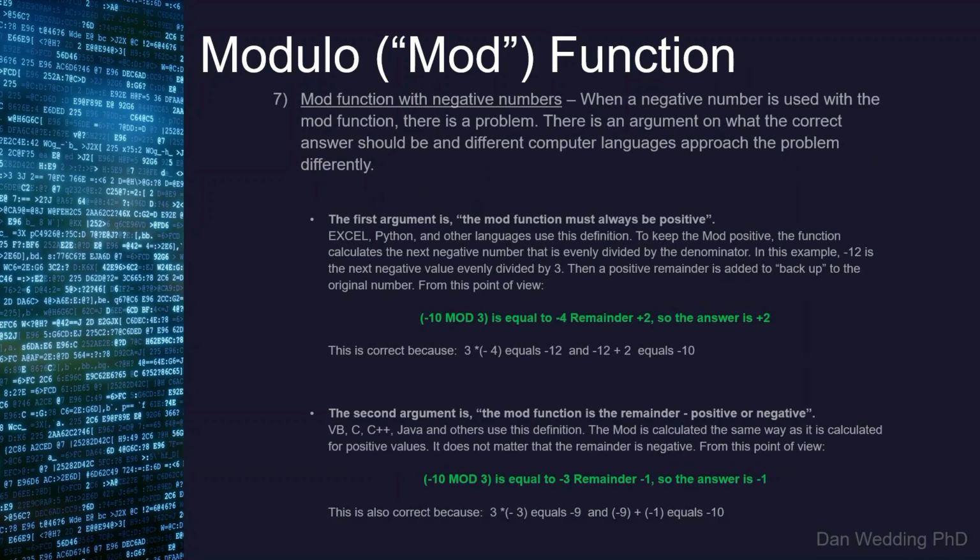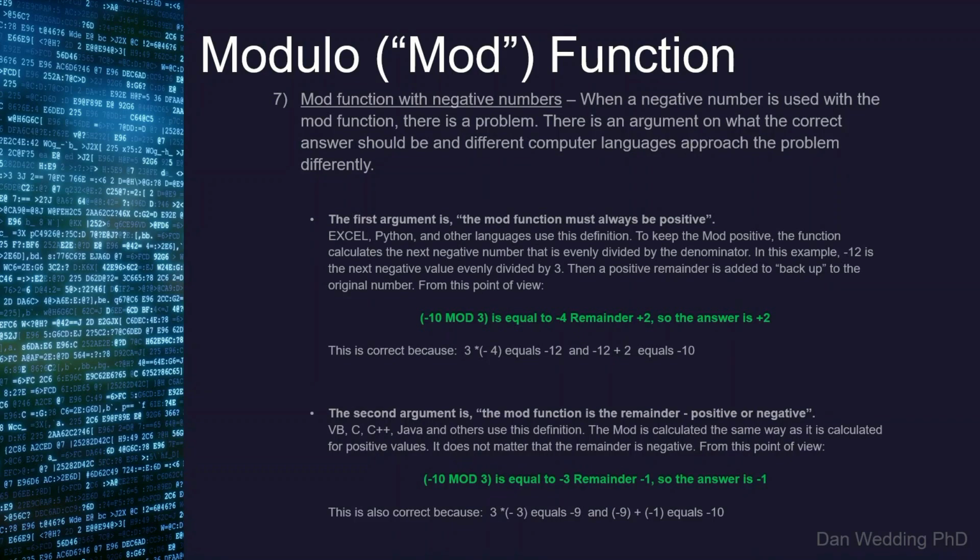When a negative number is used with the mod function, there is a problem. There's an argument on what the correct answer should be, and different computer languages approach the problem differently. The first argument is the mod function must always be positive. Excel, Python, and a few other languages use this definition.